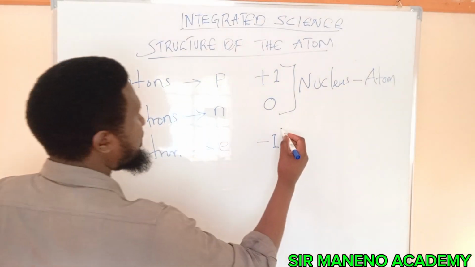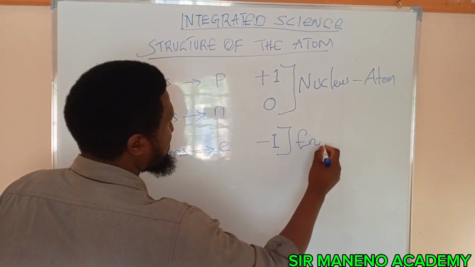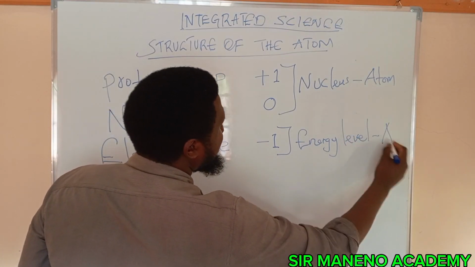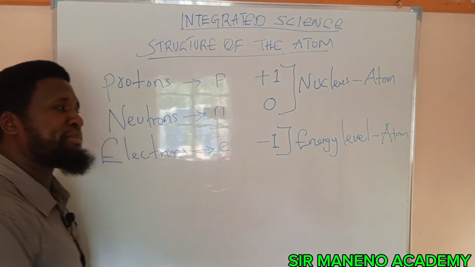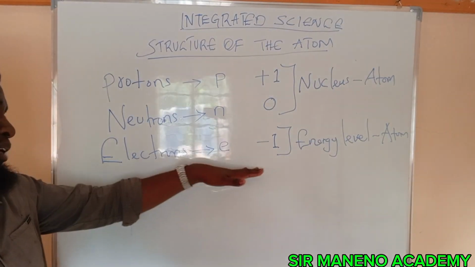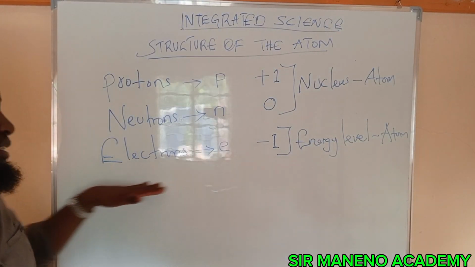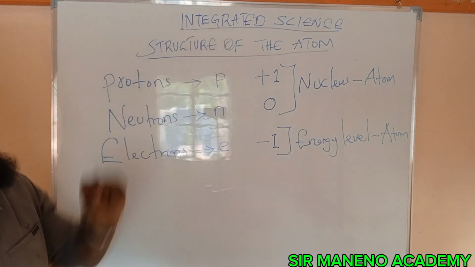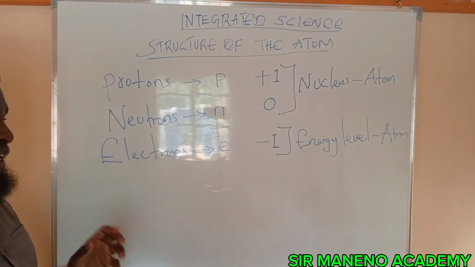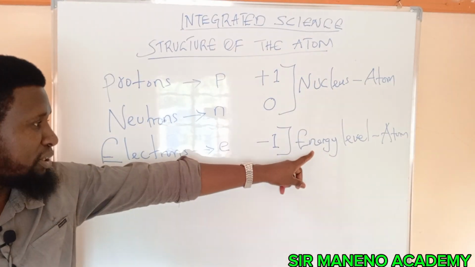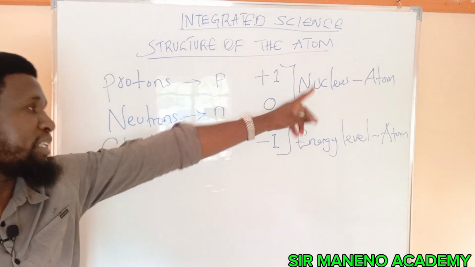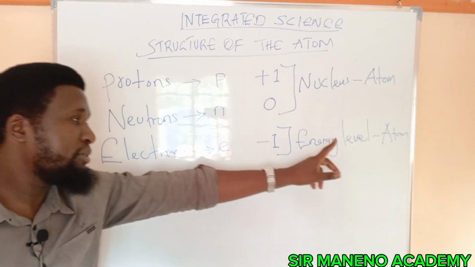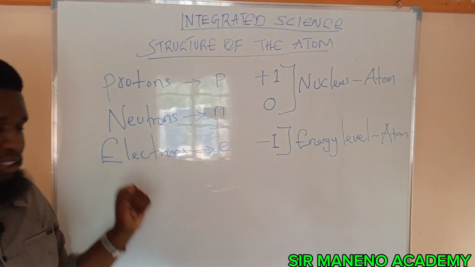Electrons are found on the energy levels which are found in an atom. Are we together? This is very important for you to get. So when we are talking about the structure of the atom, be aware of the two main regions of the atom. The first is the nucleus, which consists of the neutrons and the protons. And then the second region is the energy level, which contains electrons.